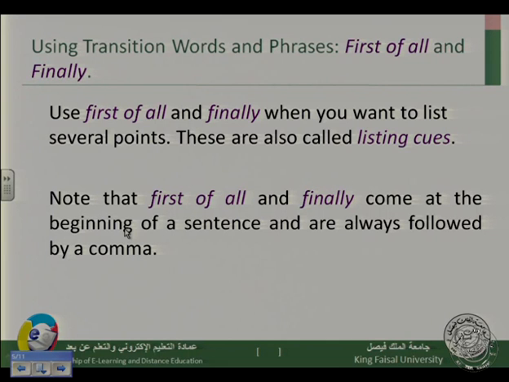So let's say you want to list some factors and you have 5 factors relating to a topic and you want to say 1, 2, 3, 4, and 5. If you just state them one after the other, the reader might feel bored, might lose interest in what he or she is reading.